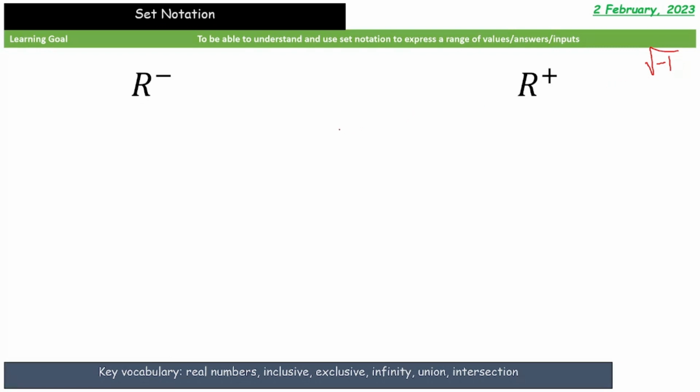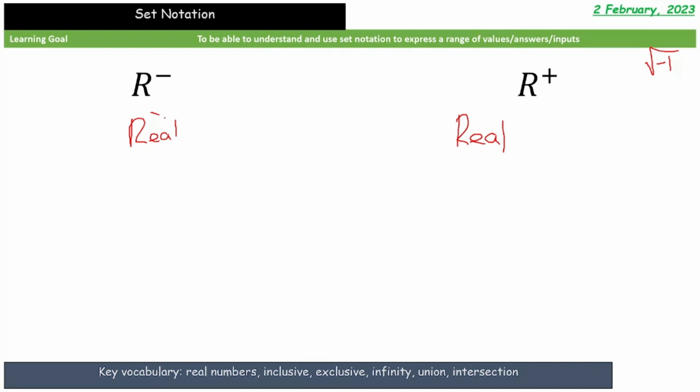So a real number is any of the numbers you've been dealing with all of your high school life so far. So any decimals, any integers, and the only difference between the two is that on this side you have real positive numbers, expressed by the positive, and you have real negative numbers expressed by the negative. That's really it.